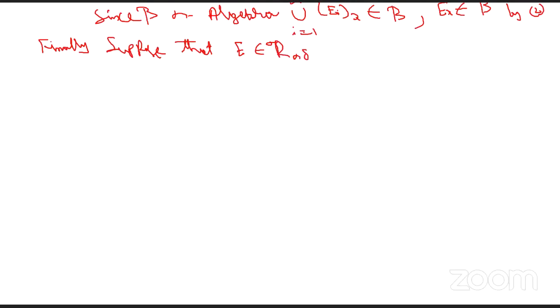What is that meaning? Sigma delta means, by definition from the previous chapter, measure of A equal to measure of B.